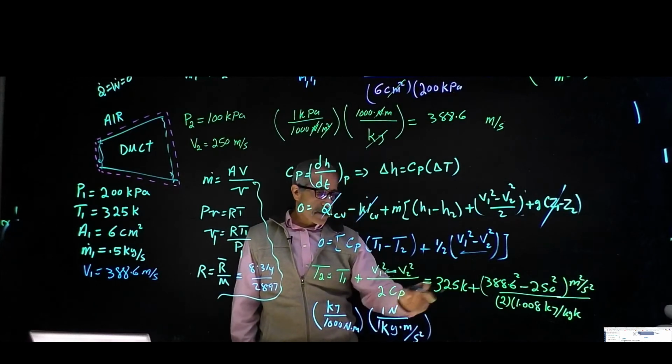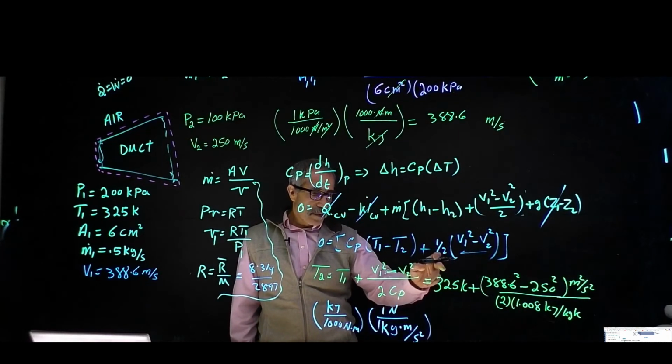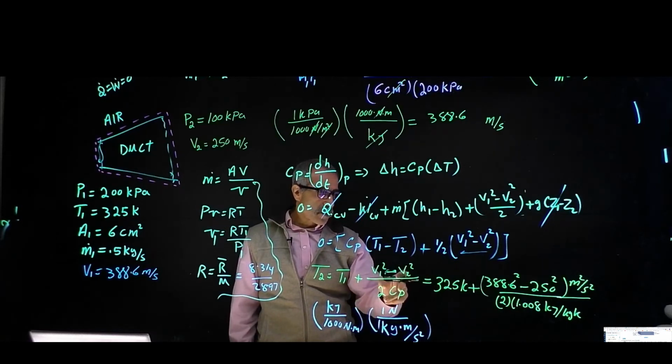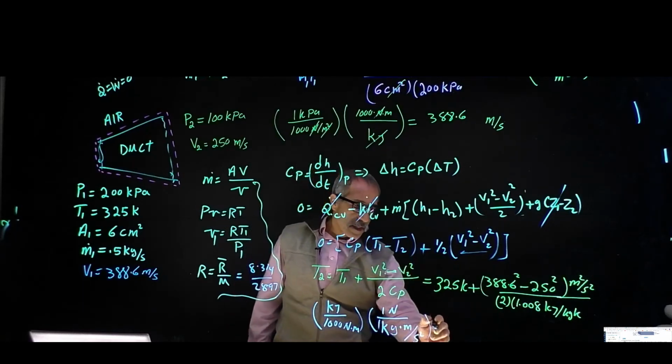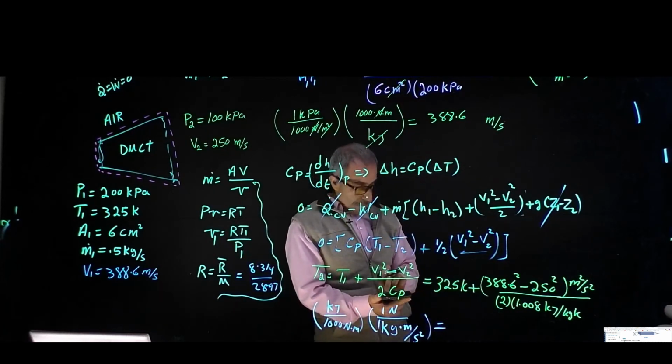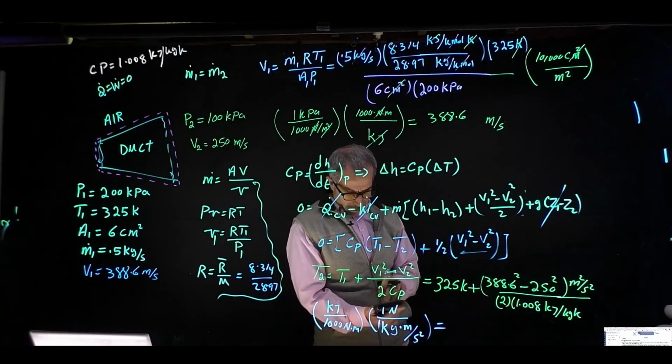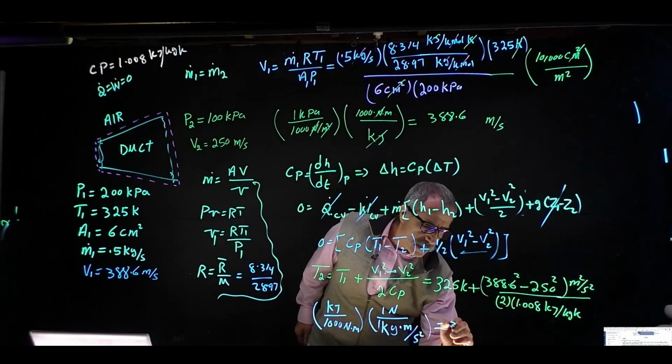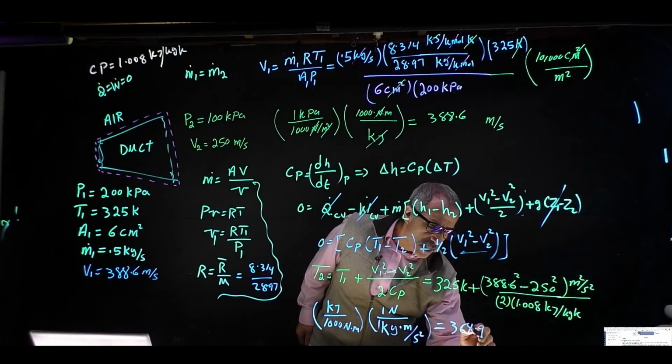So meter per second squared goes away, kilogram goes away, Newton goes away, and kilojoule goes away. All we have left is Kelvin. And if we add that up, it should come out to 368.9 Kelvin.